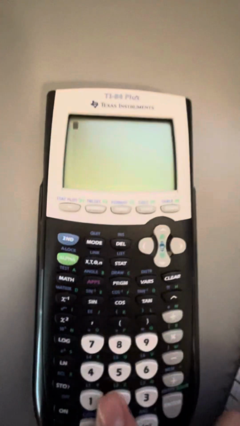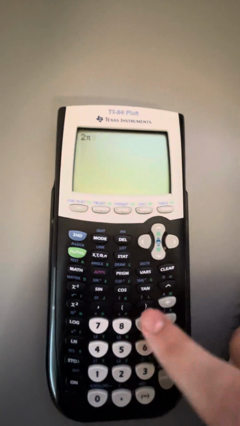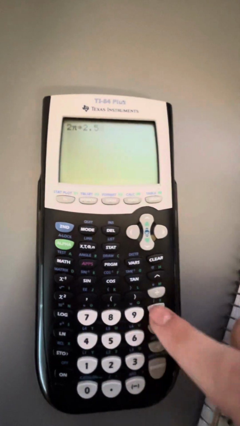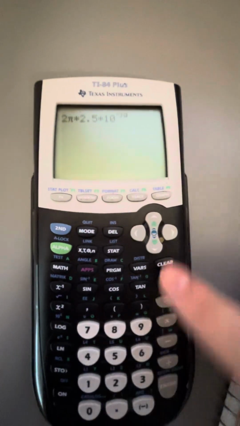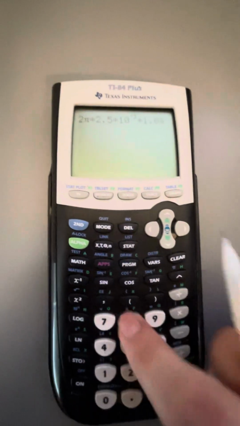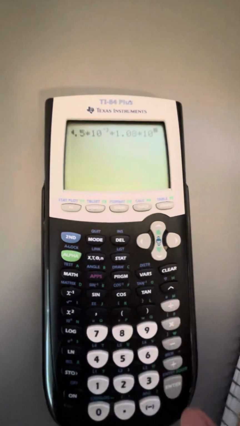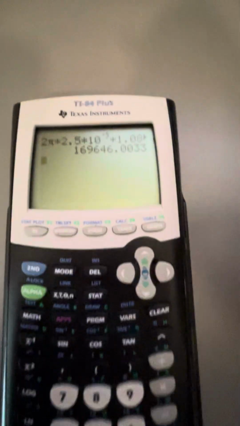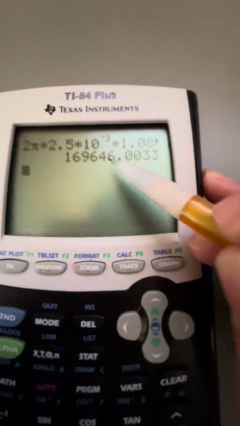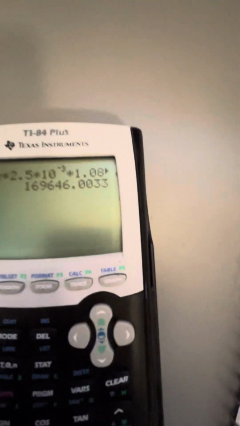So, let's plug in the calculator. 2 pi times that to the seventh gives us 1.69 or 696.